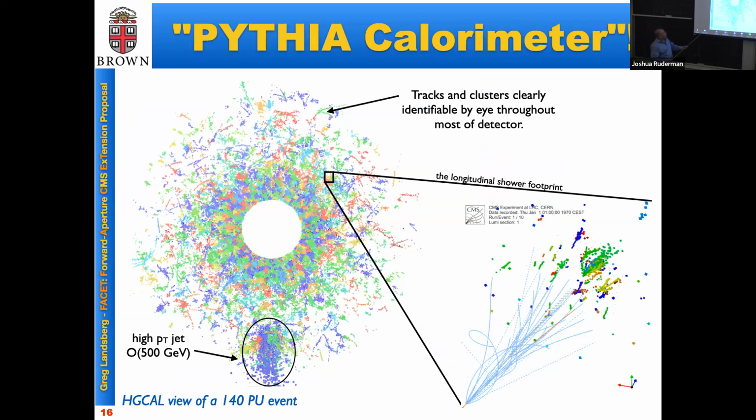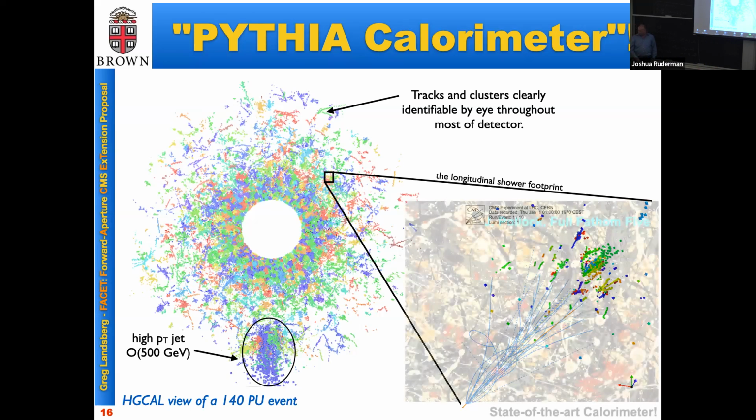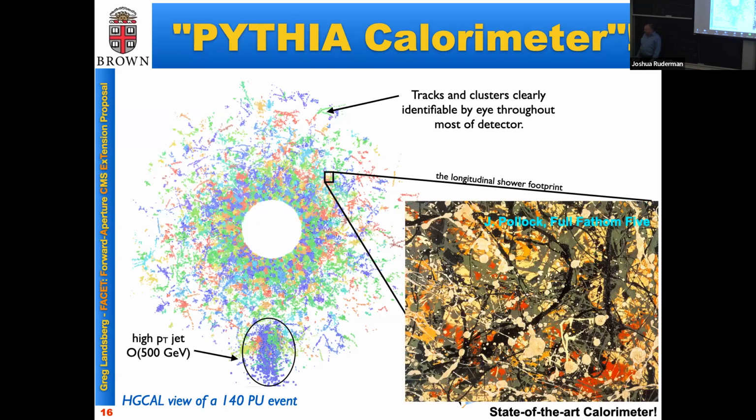This is how a typical shower would look in this calorimeter. I call it a pixel calorimeter because you essentially see every single particle, like looking at a pixel-art picture. That's the granularity we are going to work with.